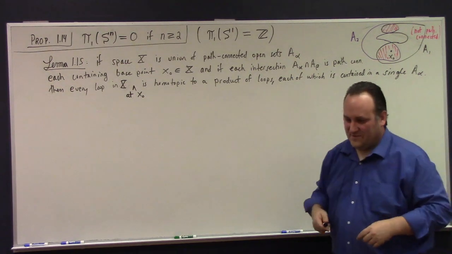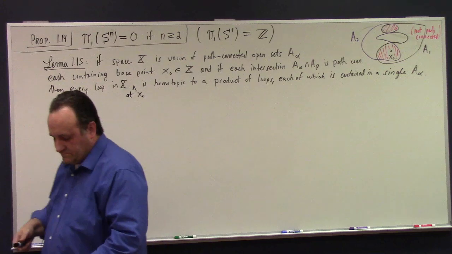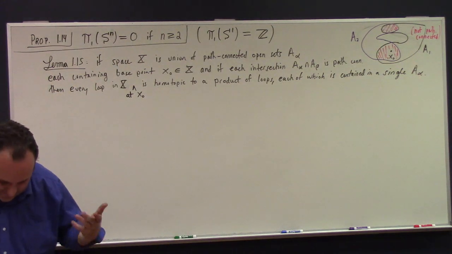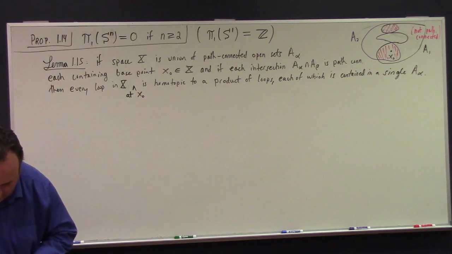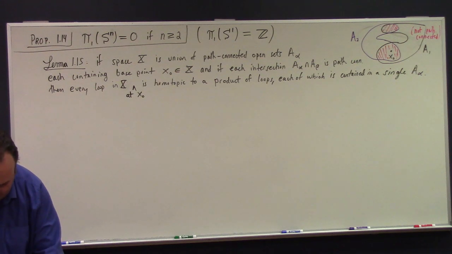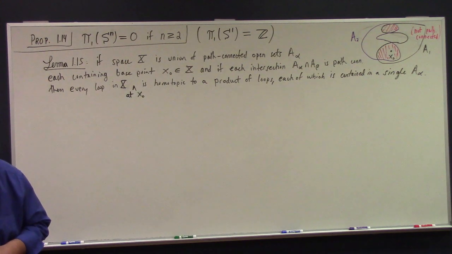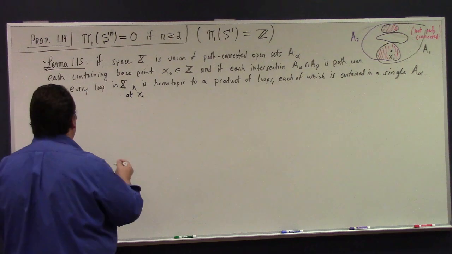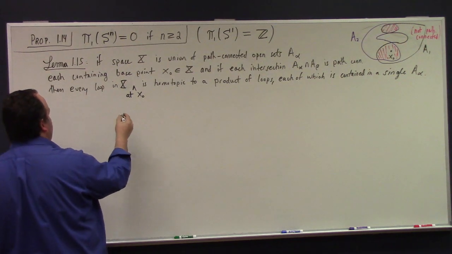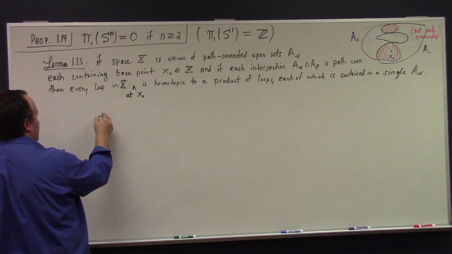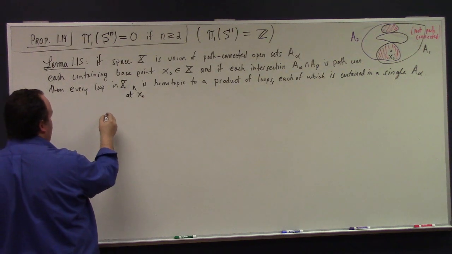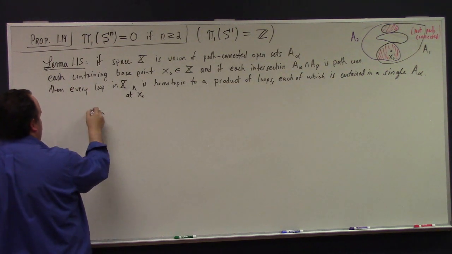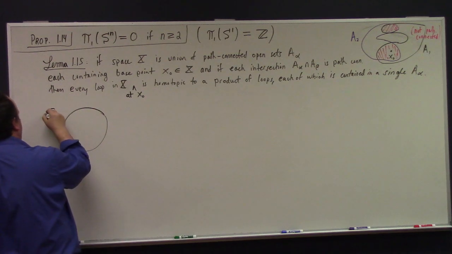All right. So, given this lemma, which we're going to assume, we can express Sn as the union of two open sets. So, let's start out with S1 because it's a special case, where this fails. So S1 is this, right?